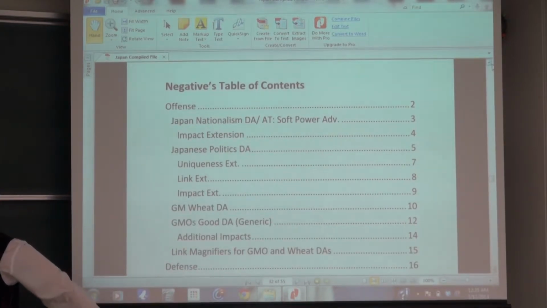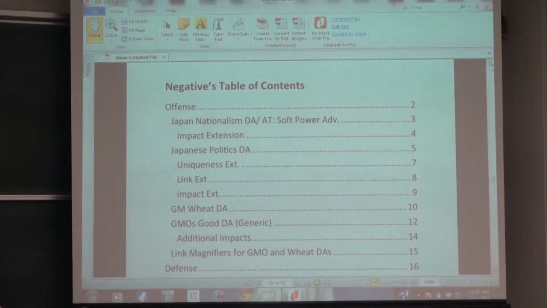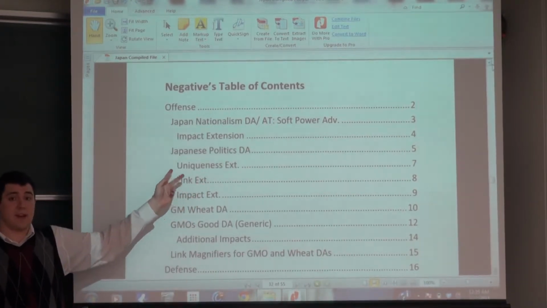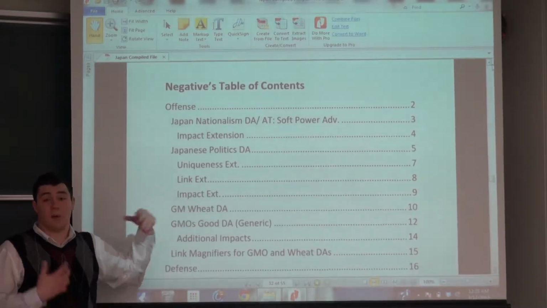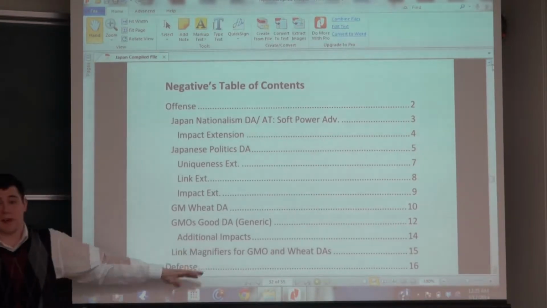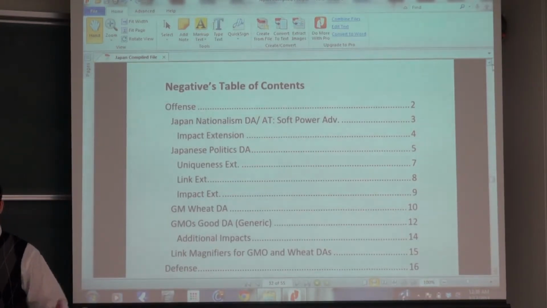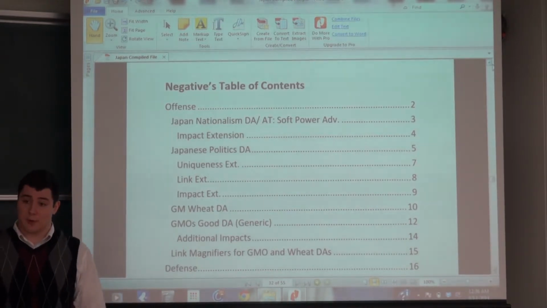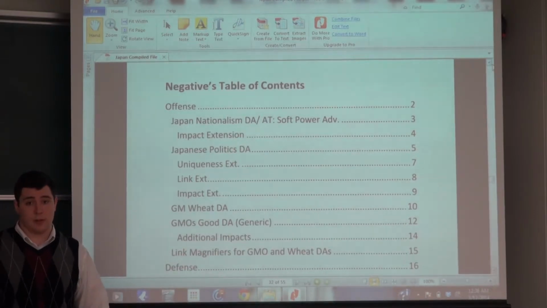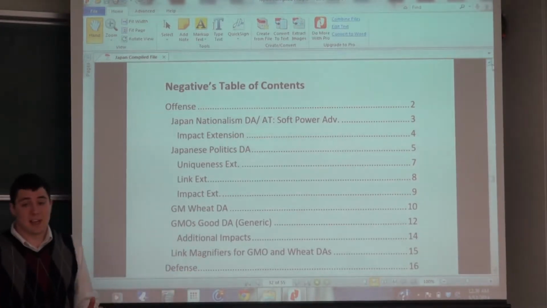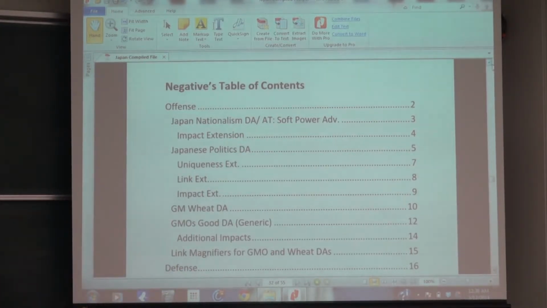You have that Prime Minister Abe politics disadvantage that we've been talking about. We have an example of a wheat disadvantage that you can read. We have a disadvantage that is very standard and just says that GMOs are good. If the plan happens, then nobody will produce GMOs anymore, and we need GMOs in the world. We also have something at the very top called a Japan nationalism disadvantage. So you have a choice of 4 different disadvantages.